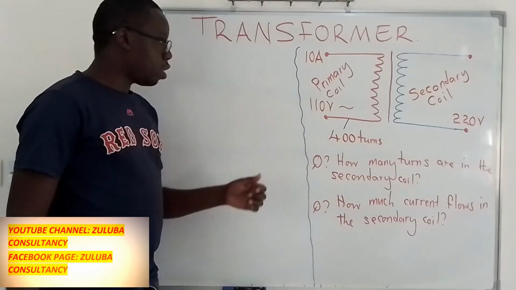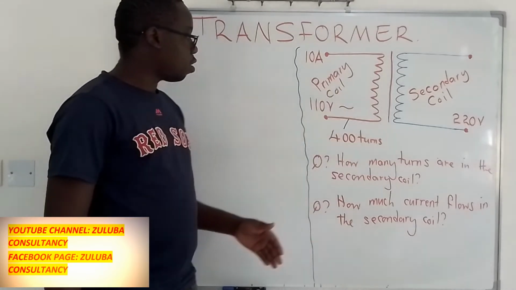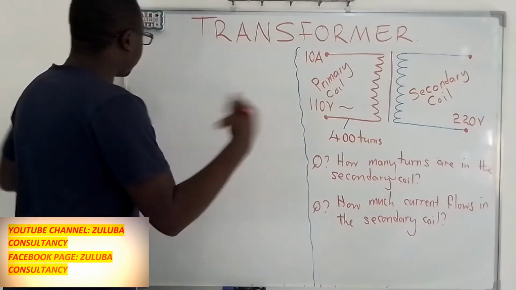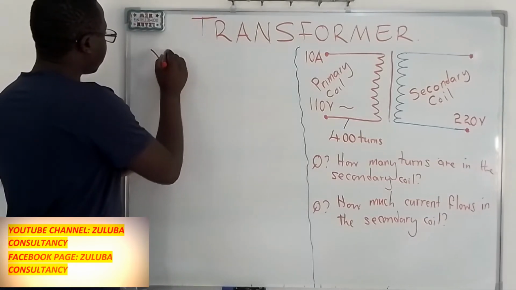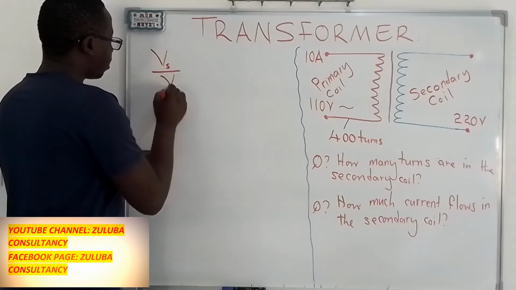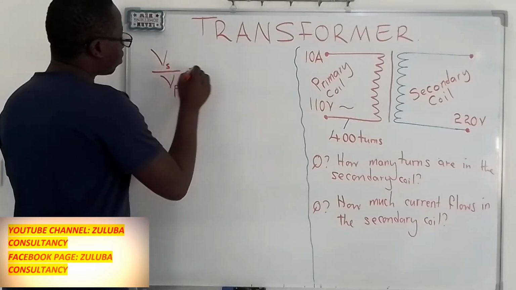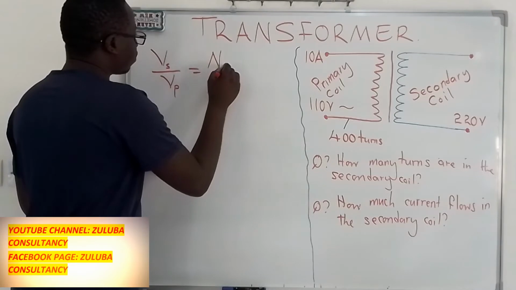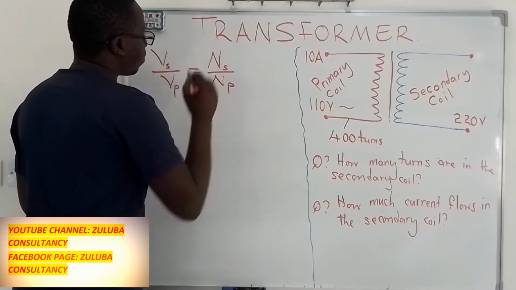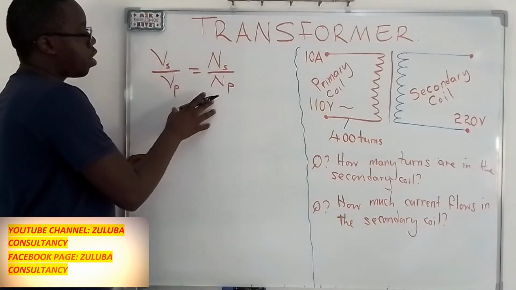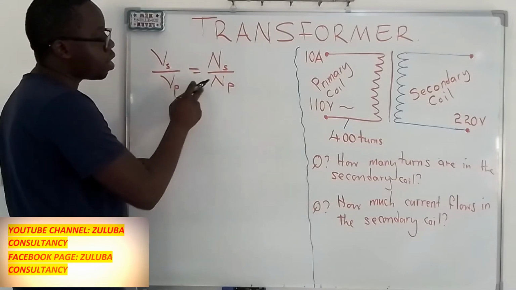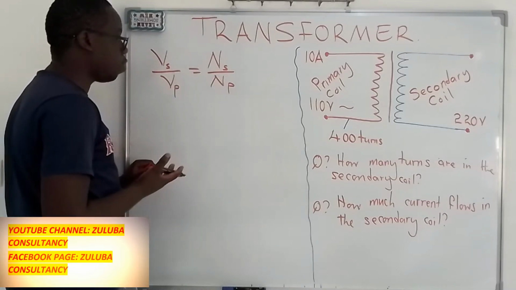How do we calculate the number of turns that are in the secondary coil? The relationship that we have is the voltage in the secondary coil divided by the voltage in the primary coil is equal to the number of turns in the secondary divided by the number of turns in the primary. The option we can use is to make what we have been asked the subject of the formula.